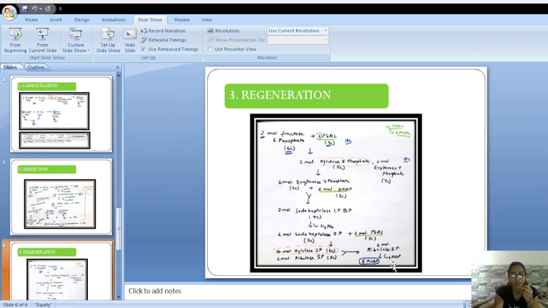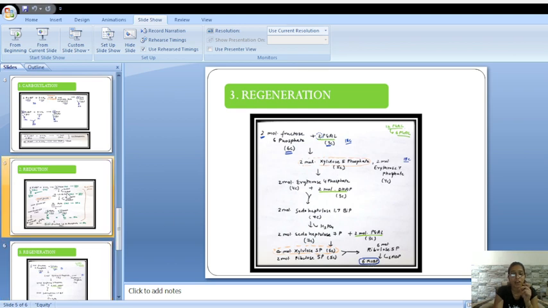And in the very last step, you have to keep in mind that I've told you for one RuBP we'll take one ATP molecule for its regeneration. So in the very last step you will see that for 6 molecules of ribulose 5-phosphate, 6 ATP molecules are being utilized, and then it gets converted into RuBP, 6 molecules of RuBP.